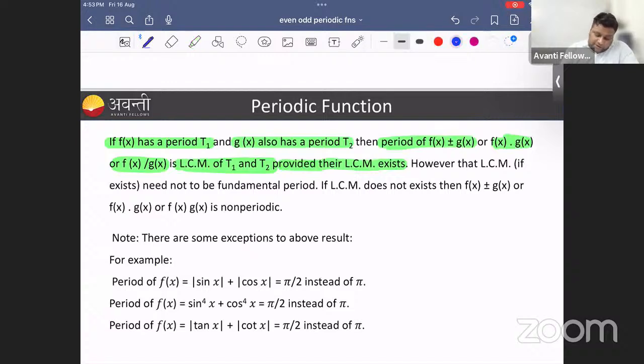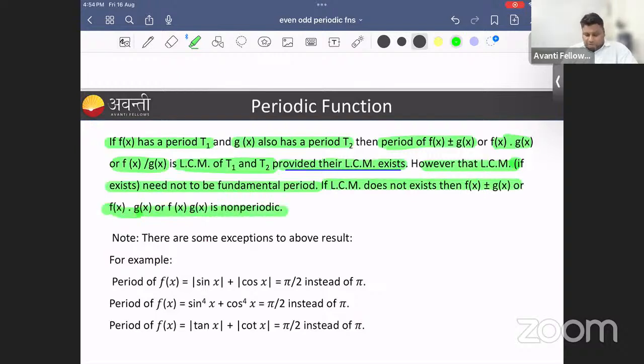This is important, provided their LCM exists. However, that LCM, if it exists, need not be the fundamental period. Getting my point? It is not necessary that the LCM is the fundamental period. A fundamental period can be even less than that LCM. And if the LCM does not exist, then such functions are called non-periodic or aperiodic.